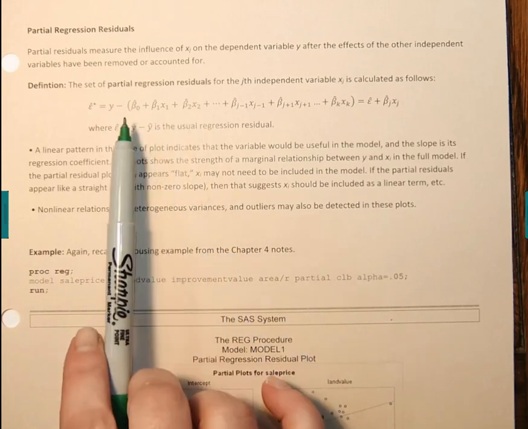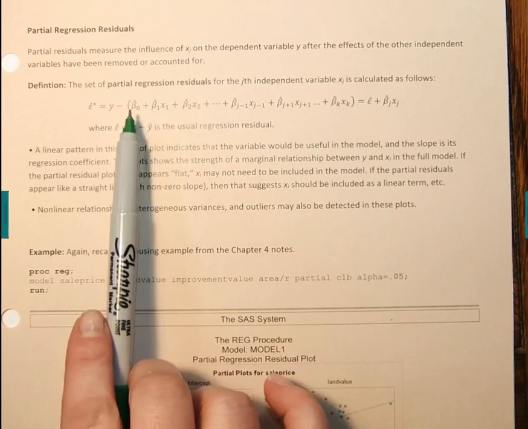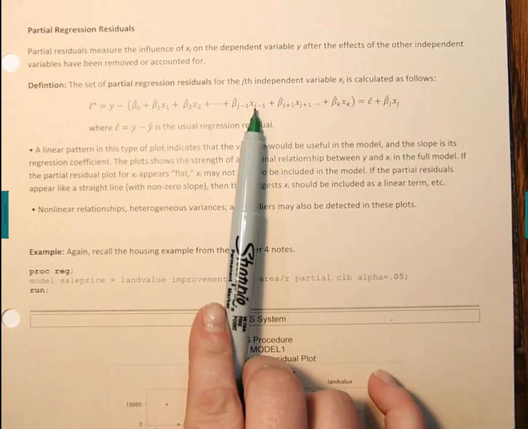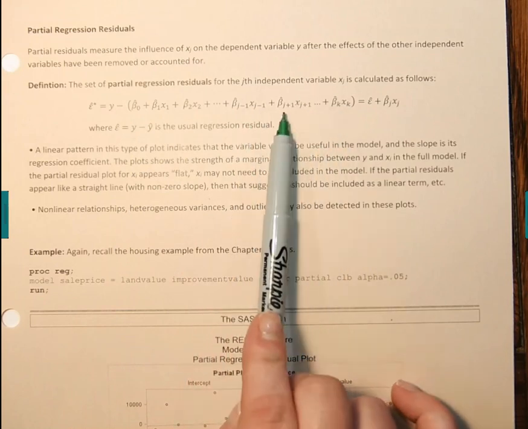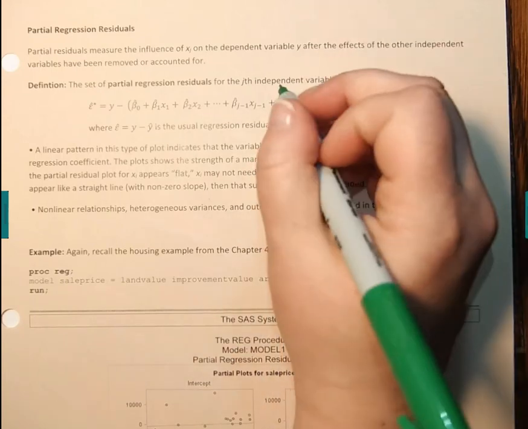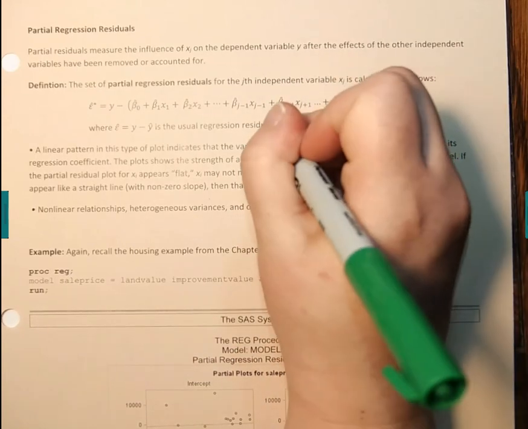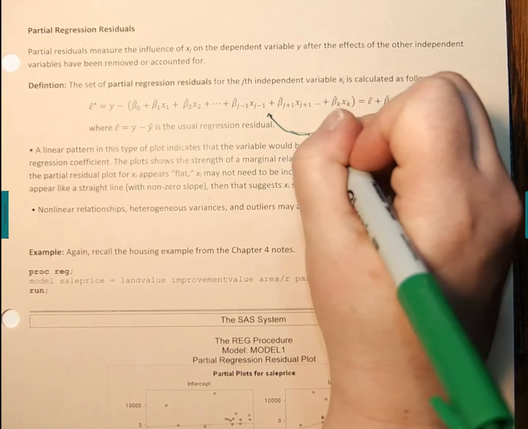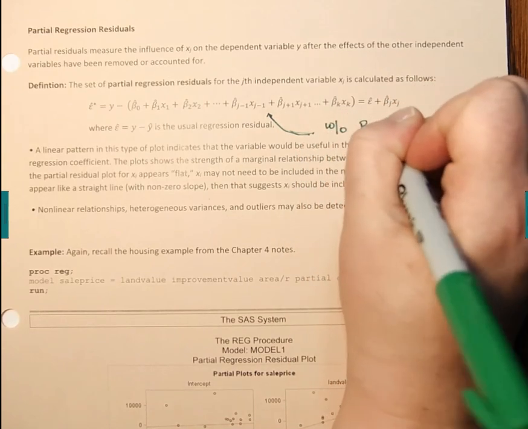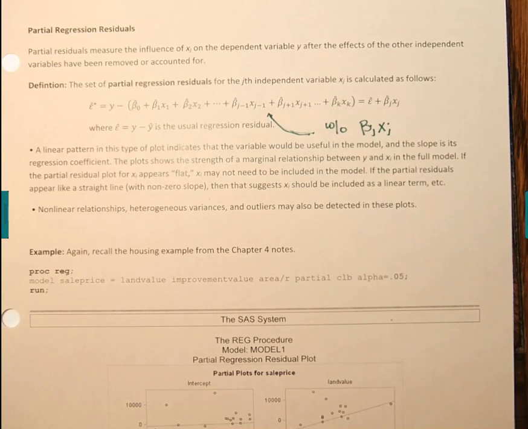If we look at our subscripts, notice that we go all the way from 1 up to j minus 1, and then we jump up to j plus 1. So this is without the beta j xj. That's the piece that we still have.